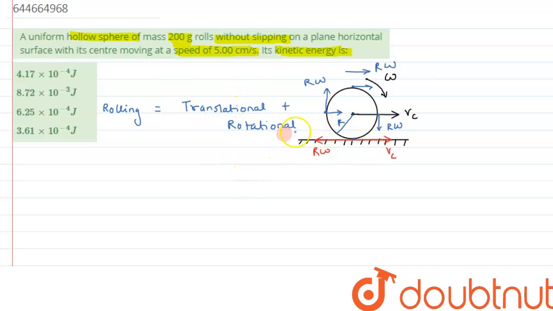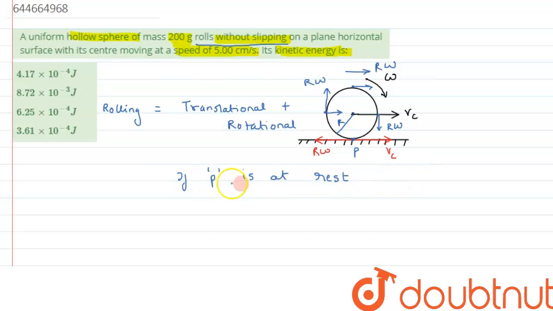Now let's get back to the condition for rolling without slipping. Rolling without slipping is the condition in which we consider the point which is in contact with the ground. Let's suppose this point is p. If point p is at rest relative to the ground, we can say the body is rolling without slipping.